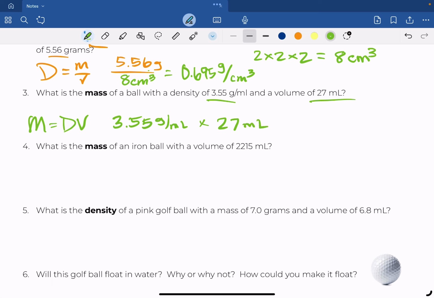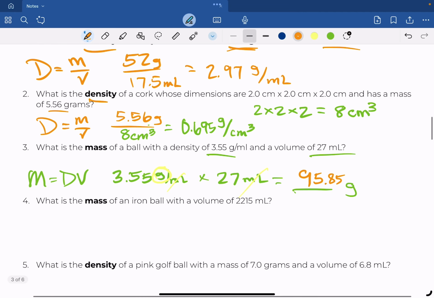Awesome. Okay, 3.55 times 27, and remember too, we're trying to find a mass here, so our answer is going to be in grams. If you're wondering, look back in the problem, you see the little g there. Our milliliters would cancel out, leaving us with just grams, and in this case, how many grams? 95.85.